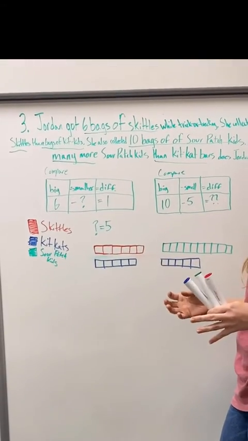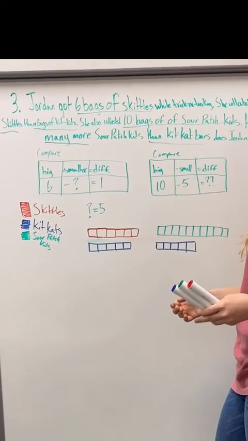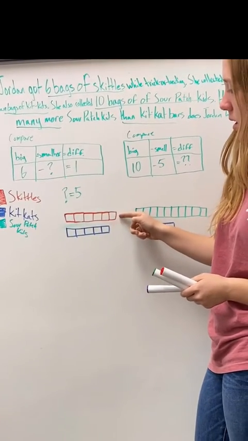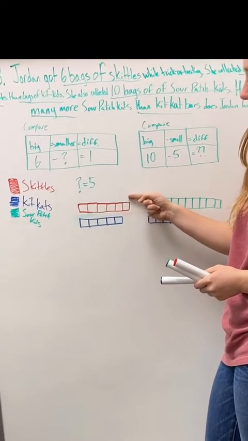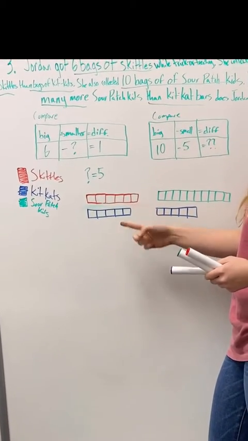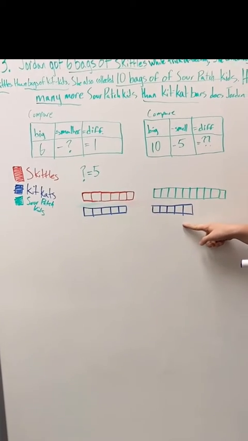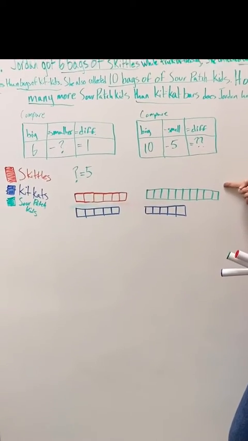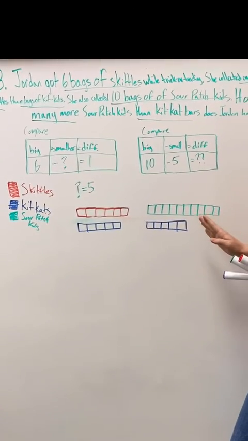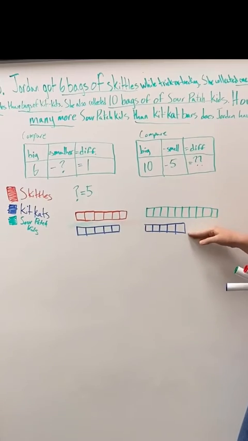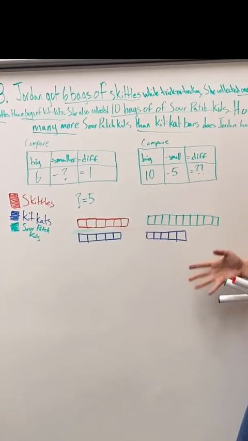They'll have an actual physical block to work with, but the students will connect 6 Skittles together and possibly just take 1 off to see like all they need is 5 Kit Kat blocks. And then they'll take the 5 Kit Kat blocks over here with the 10 Sour Patch Kid blocks, and then have to find the difference between the bigger number and the smaller. So just a subtraction of the 2.